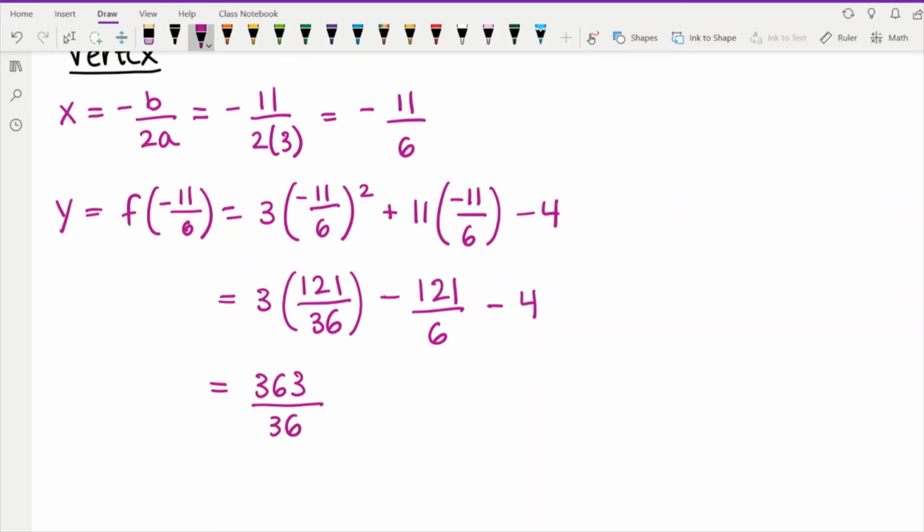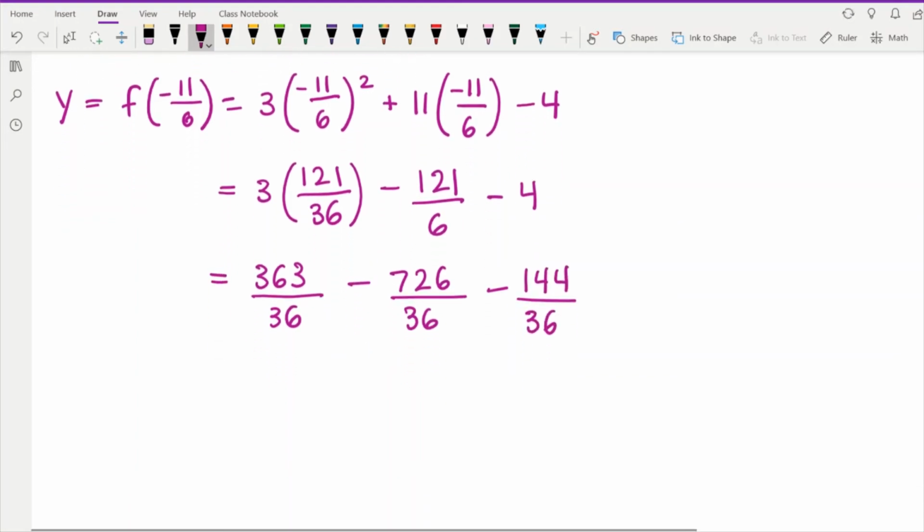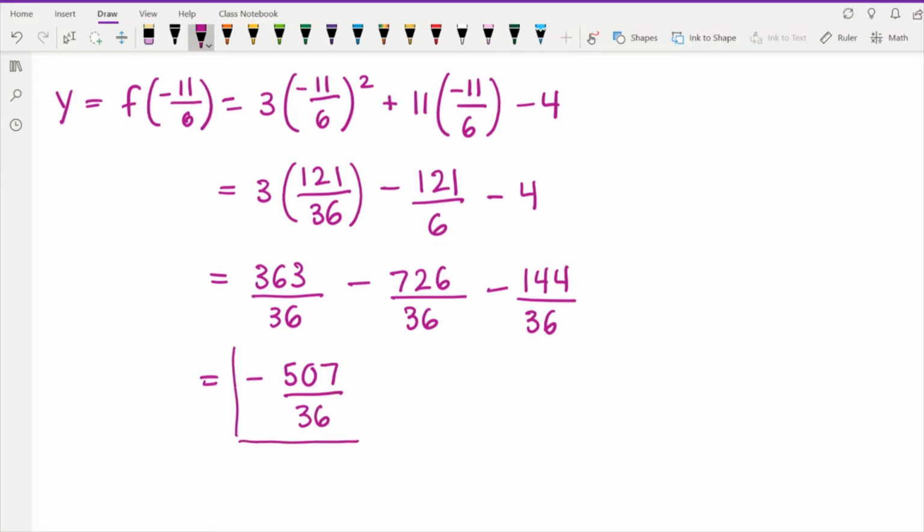This one comes out to be 726 over 36, my bad. Just multiplying that middle fraction by 6 over 6, and then this last fraction we have to multiply by 36 over 36. So that comes out to be 144 over 36. If you add all these numbers together, you get -507 over 36. Not a super friendly seeming number.